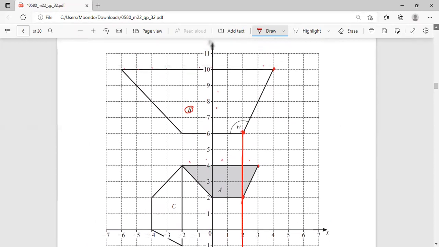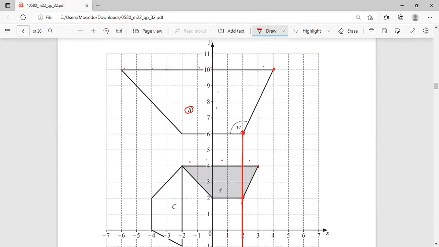I'm trying to figure it out. So let's see.